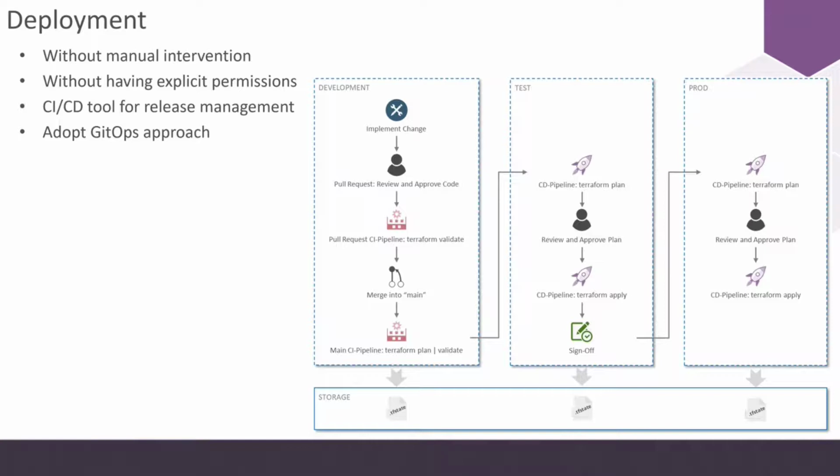So we want to run a plan, get that approved, and then apply that approved plan. You do that in test, and then you get that signed off. Everyone loves it, and then you put it into production and do the same step: you generate a plan, someone approves that plan and they're happy with it, then that plan is approved and applied. And that's an approach within development for Terraform that you can use.